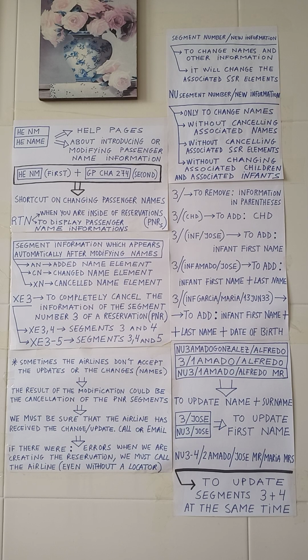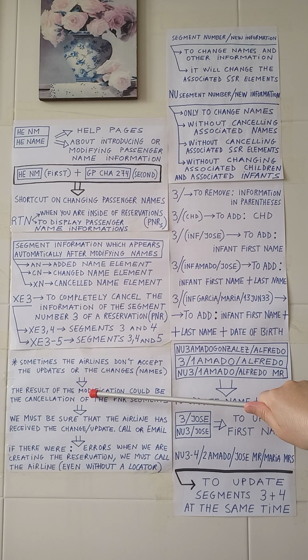On the following page, I will make brief comments about particular situations that may occur when an airline observes updates, changes or errors in passenger names. Sometimes airlines do not accept updates or changes to passenger names.